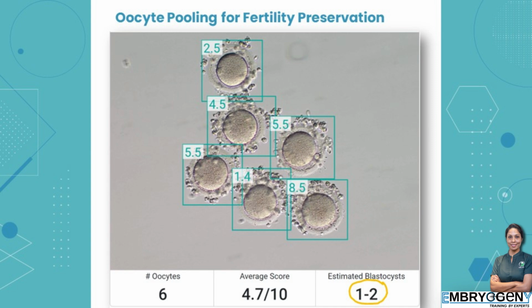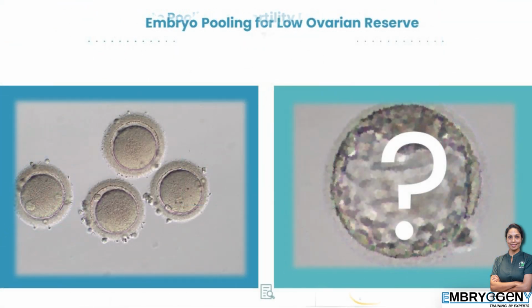Showing her a report of the oocyte score and telling her that it will be best to try one more cycle. So the power of such a tool is immense when it comes to patient counseling, and that too in a very objective fashion. This, by the way, is an actual report from a tool under development by the group Life Whisperer. That is the ability to score a cohort of oocytes and predict blastulation.